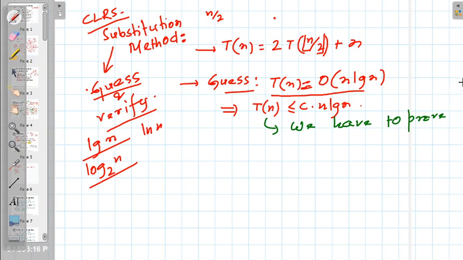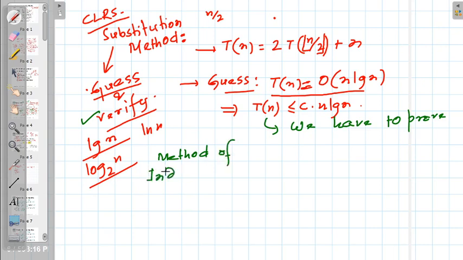Right. So now in this substitution method, we have to guess a solution and then verify. How will we verify? We will use a technique called the method of induction.